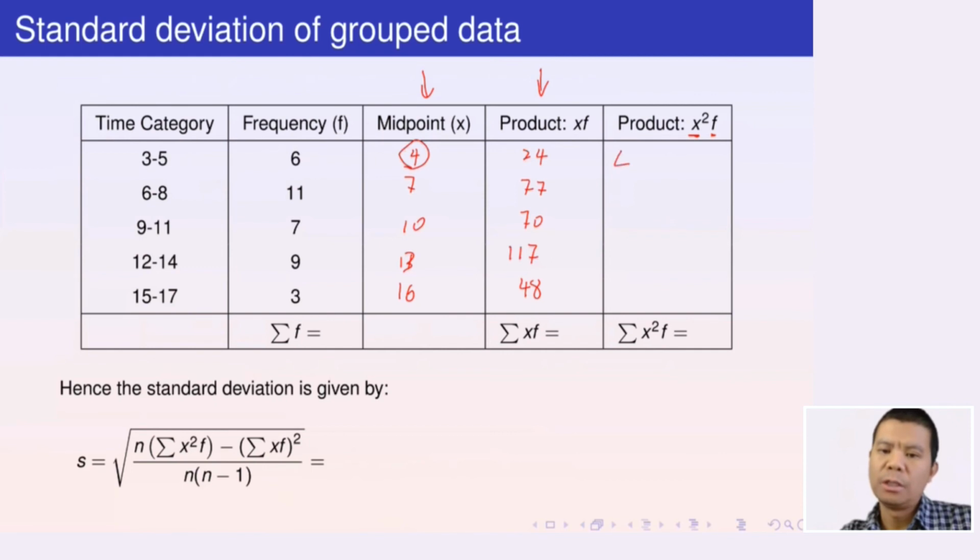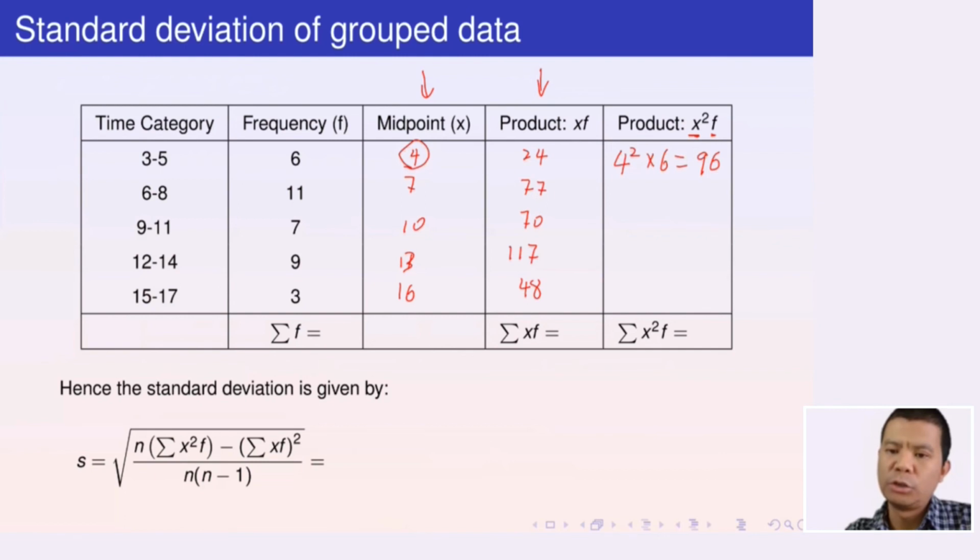In other words, it's 4 squared times 6. Let's calculate that. 4 squared times 6 is 96. Now be careful: it's x squared f, not f squared times x.